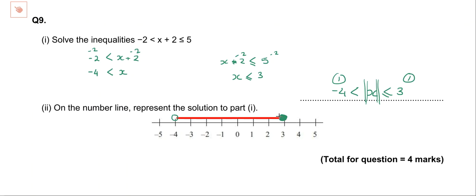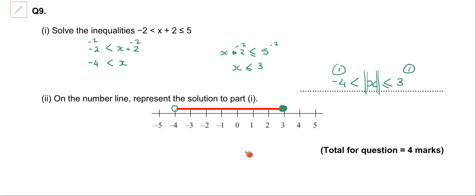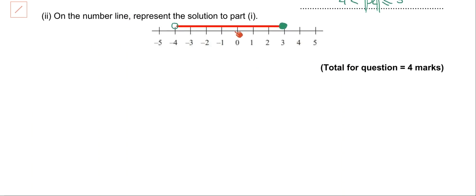Now, if you got both dots, but you didn't draw the line, you lose one of your marks. If you've drawn the line but one of the dots is wrong, you lose one of your marks. If you didn't draw the line and you got one of the points wrong, there's nothing. If you got 2 parts wrong, you lose 2 marks, which means there's none left.